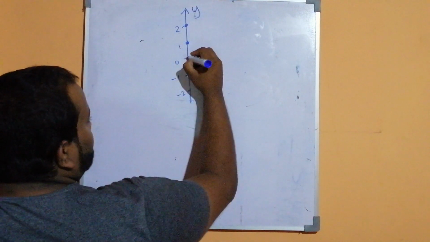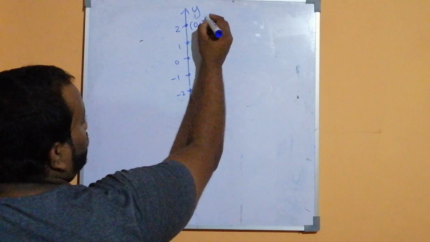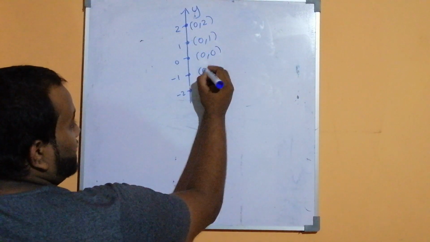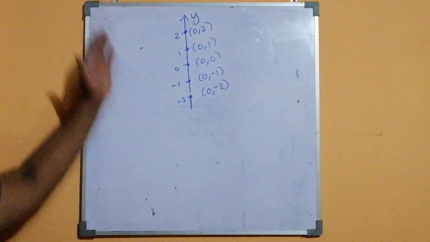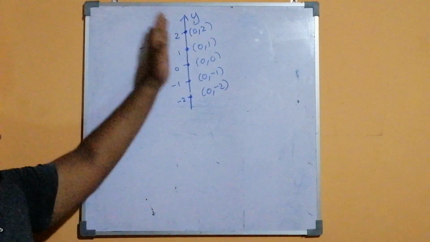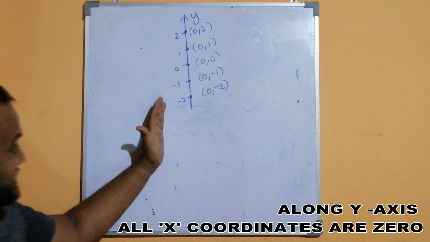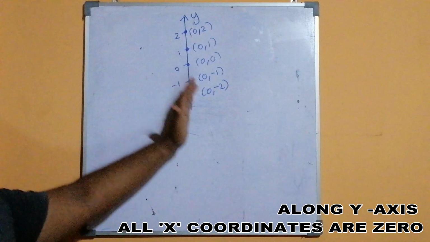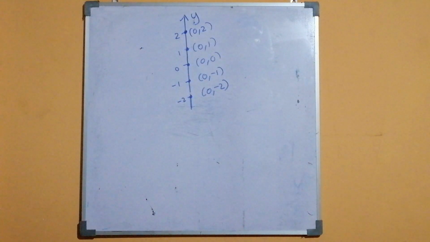The coordinates along the y-axis will be 0, 2; 0, 1; 0, 0; 0, minus 1; 0, minus 2. Now you should see that along the y-axis, all my x coordinates are 0.